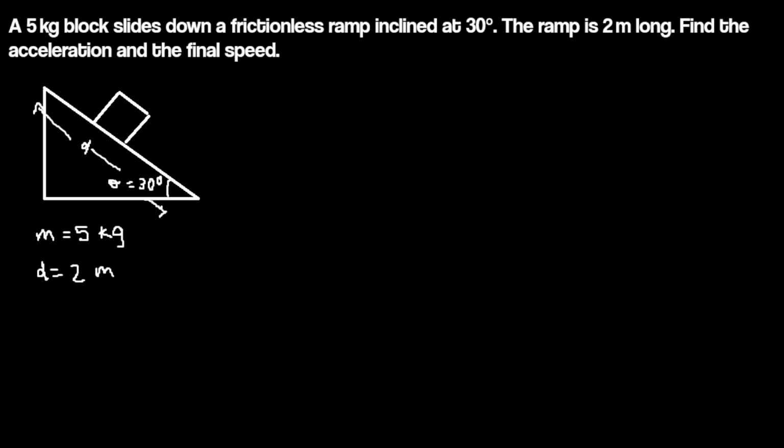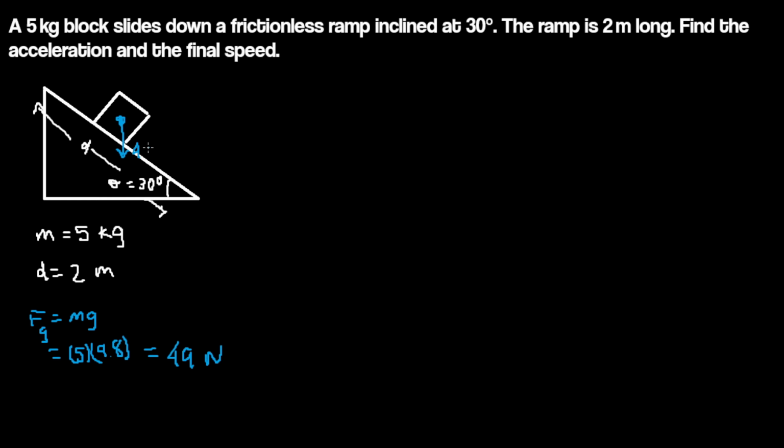So first, we need to draw our free body diagram. We know that our force of gravity equals mg, which equals our mass of 5 times our gravity of 9.8, which gives us 5 times 9.8, that's 49 newtons.